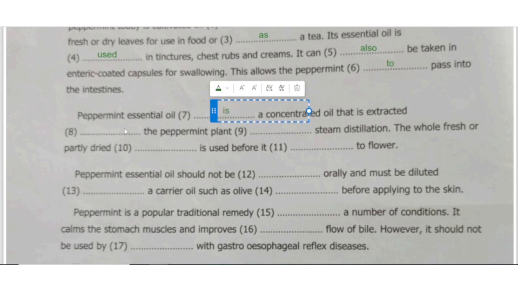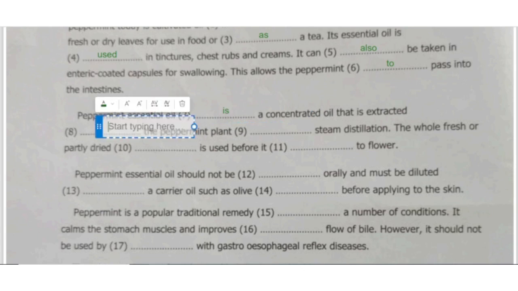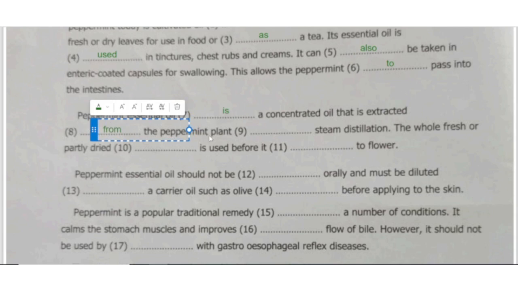You extract from, so the preposition of extracted is from, is extracted from. Mostly you should be conversant with the prepositions of words. So it's extracted from the peppermint plant.